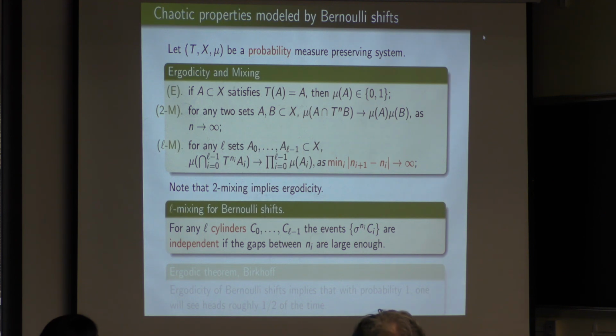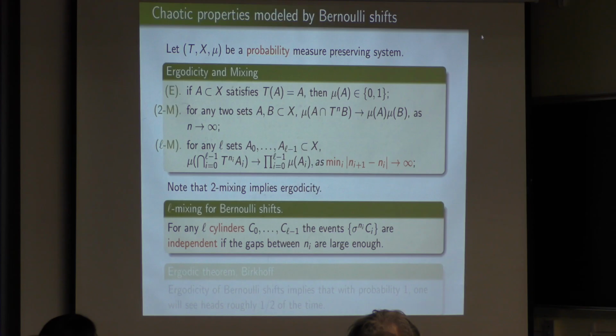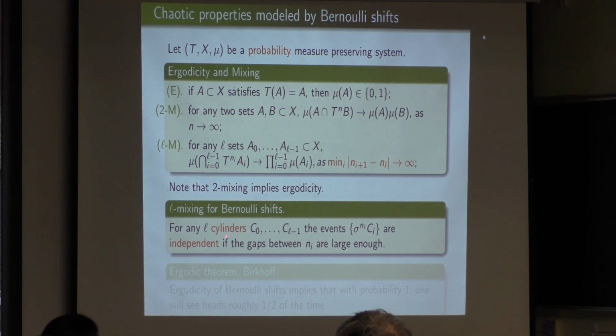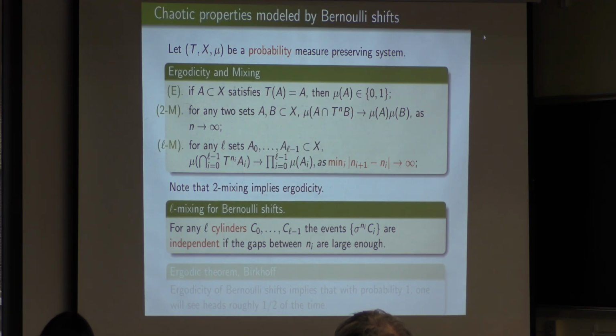So seeing 0 on the third toss doesn't tell me anything about whether I see 0 or 1 on the fifth. And this means that they are mixing, and hence L mixing for any L, because you can do it for any cylinders, and therefore in particular ergodic.